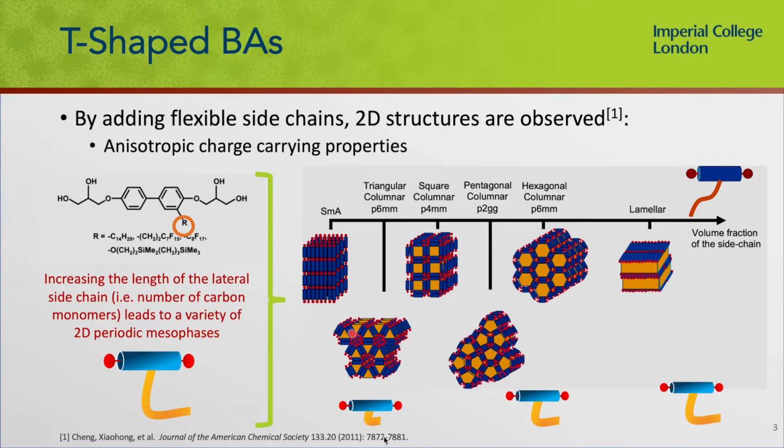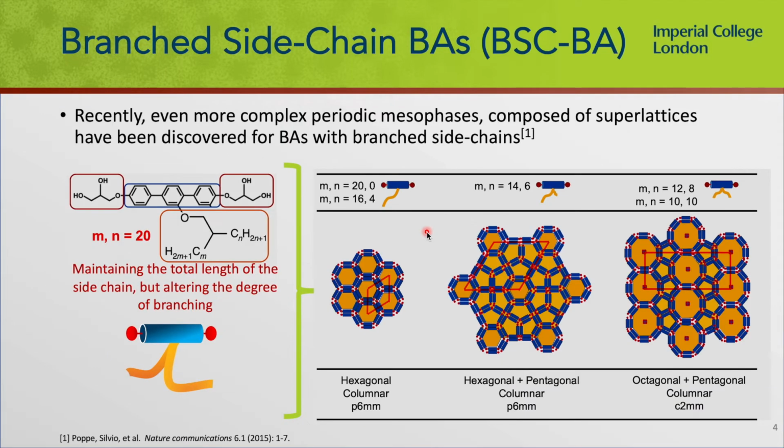But once you start adding this lateral side chain, you start getting 2D periodic columnar phases. With small amounts you could have triangular phases, square columnar, pentagonal, hexagonal, and all the way to the lamellar phase. As you can see, you have very interesting 2D periodic structures with good pi conjugation, leading to good, anisotropic charge transfer properties.